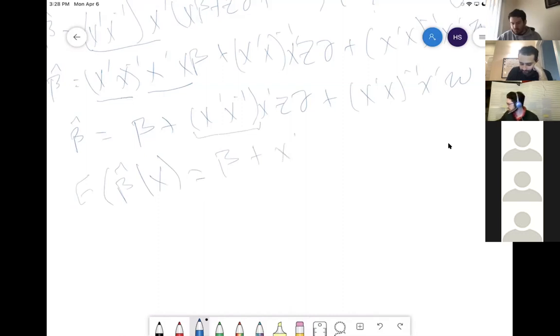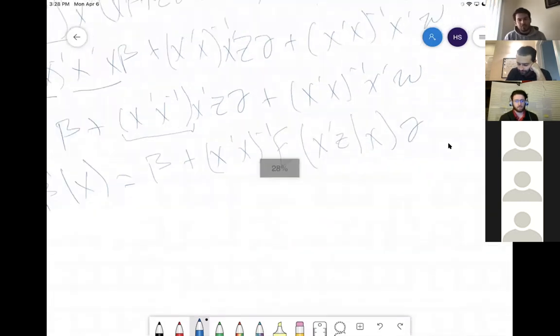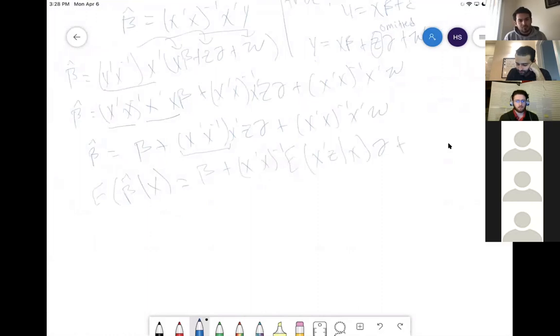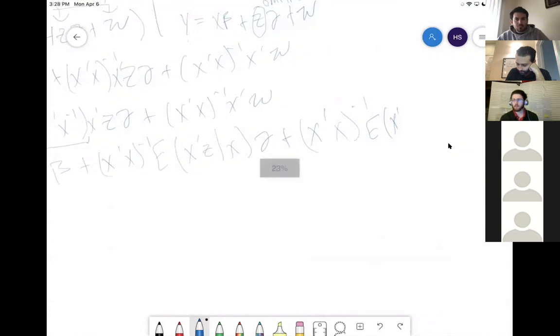So we're going to have (X prime X) inverse multiplied by the expectation of X prime Z conditional on X times gamma. Gamma is just a number. Plus we can pull out that constant term, (X prime X) inverse, times the expectation of X prime omega conditional on X.